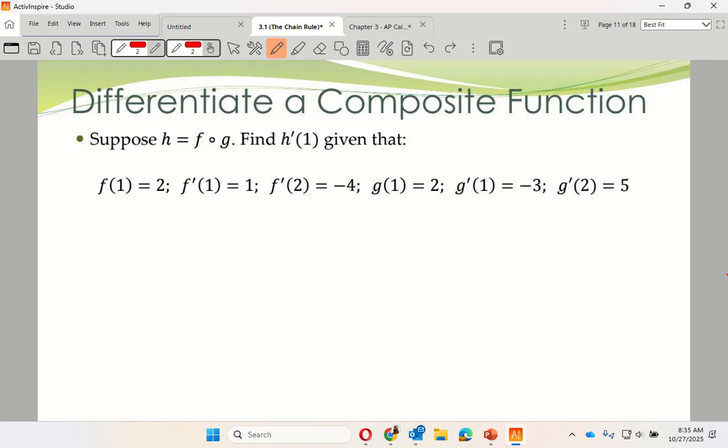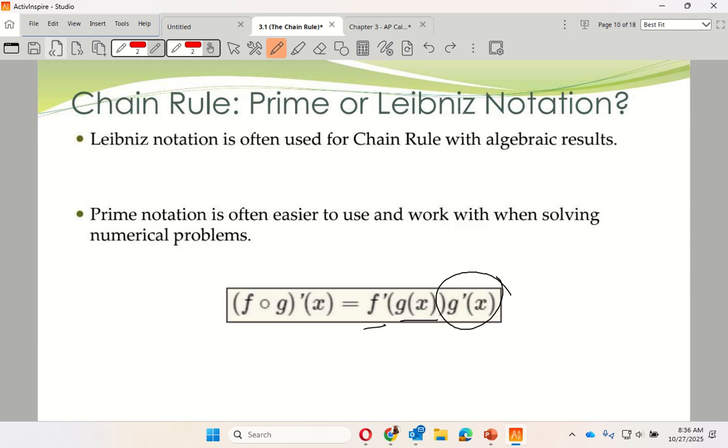All right, now we're going to use our rules to go back and figure out what this is. We're looking for h prime, if h is a composite function, f of g of x. So f of g means it's going to look like this right here. Now I'm going to work my way backwards from this.